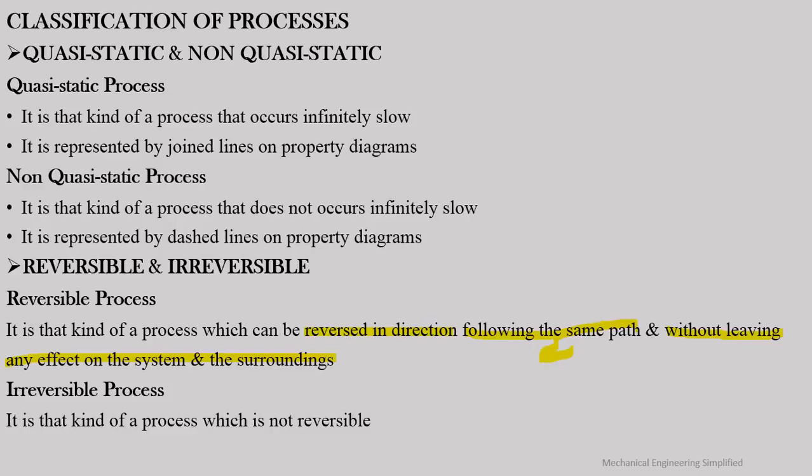If any of these three properties is violated, any one or two or all three, then we say that the process is not reversible. Okay, so for the process to become reversible, all these three conditions need to be followed.